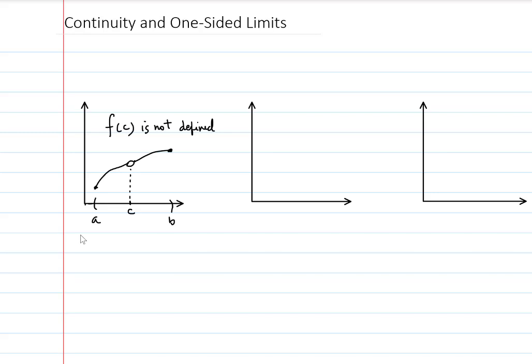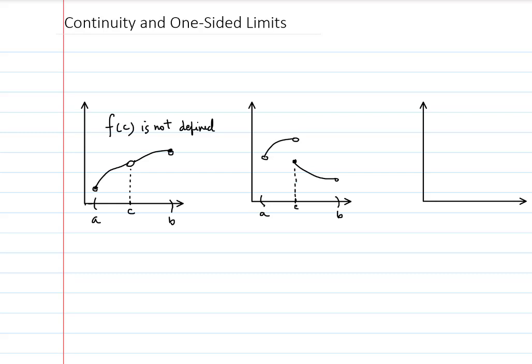The other example is when we have a gap, or what we call a jump. I'm going to put open circles at the endpoints, just to make sure that we're talking about an open interval right now. In this example, we'll have a function that has two pieces, something like this, and we make the endpoints open right there. It's still an interval from a to b, and this point right here is still our c.